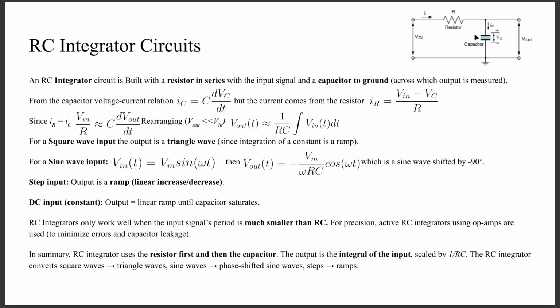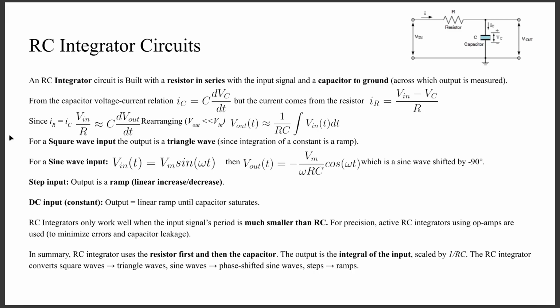RC integrator circuits. An RC integrator circuit is built with a resistor in series with the input signal and a capacitor to ground. From the capacitor voltage-current relation, IC equals C dVc over dt, but the current comes from the resistor, IR equals (Vin minus Vc) over R. Since IR is equal to IC, Vin over R is approximately equal to C times the derivative of Vout.